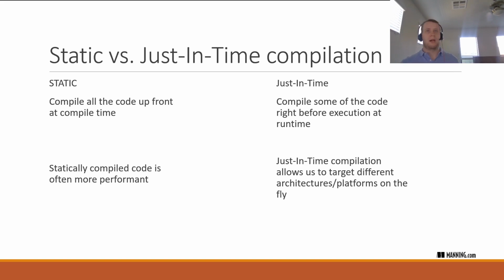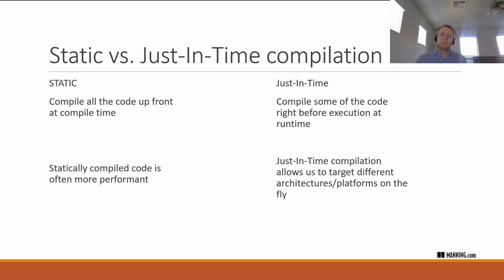Both approaches have their merits and their drawbacks, but the biggest difference probably would be either performance or portability. Because you don't have a lot of overhead of having to compile code at runtime, static compilation typically results in faster code. If static compilation results in faster code, then why would you use JIT?